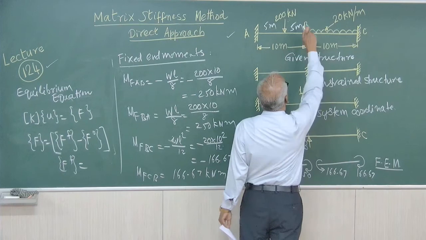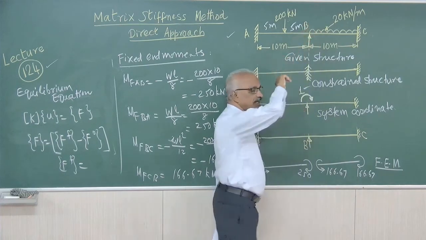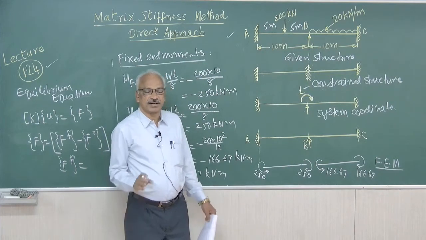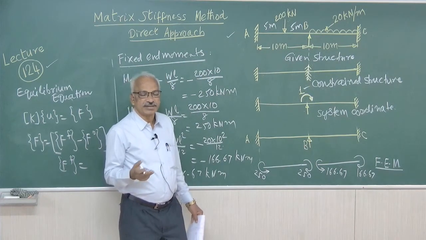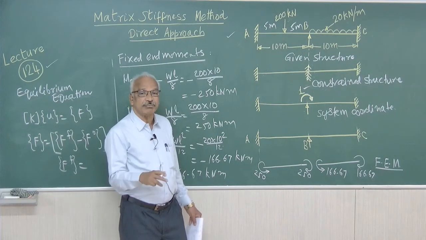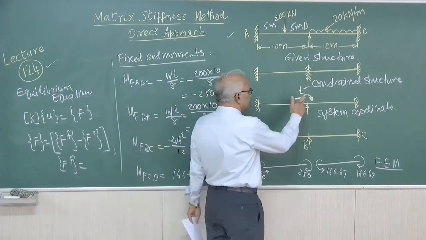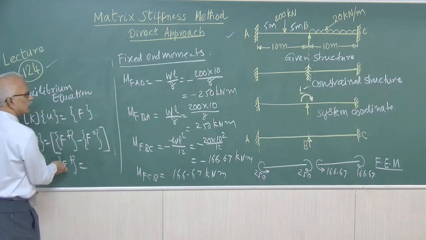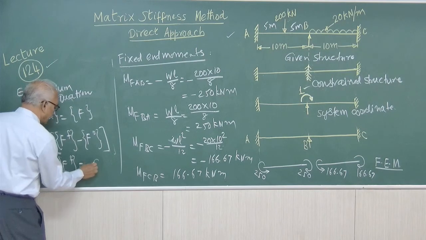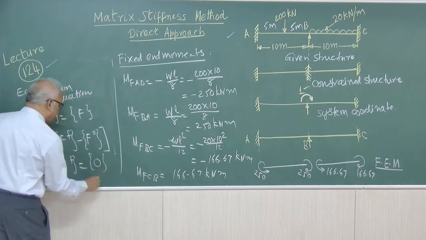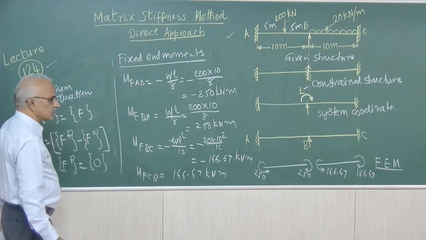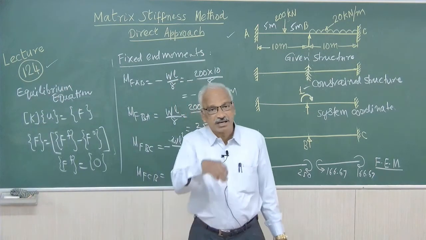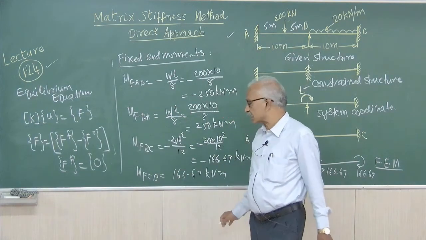Along the system coordinate at B, if there is some external moment, maybe clockwise or anti-clockwise, along with the given loading, that will be accounted here. In this problem, there is no external moment at B, therefore this is 0. That is, external forces applied at the system coordinates along the coordinate direction. It is 0 here.